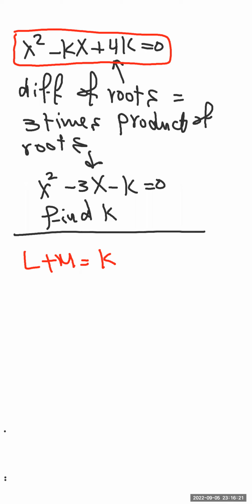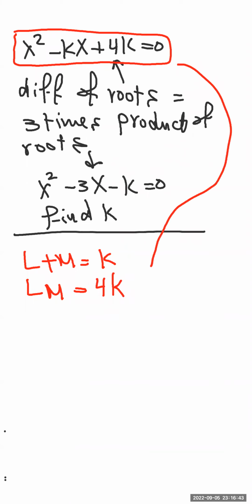Negative b over a, so negative negative k over 1, so it will equal k. Then what about the product? LM equals c over a, 4k. All that from the first one, correct?